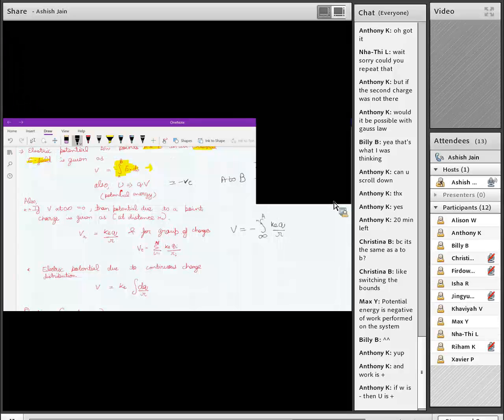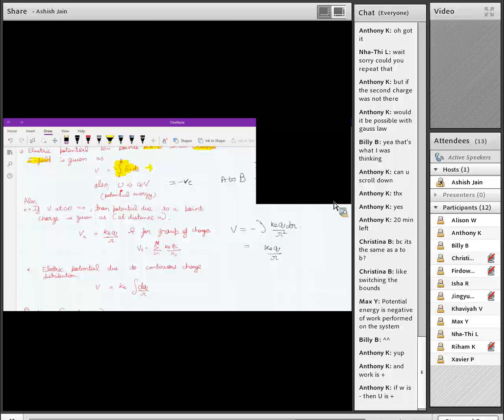V, from A to infinity, of kq/r square dr. This is given as kq/r.